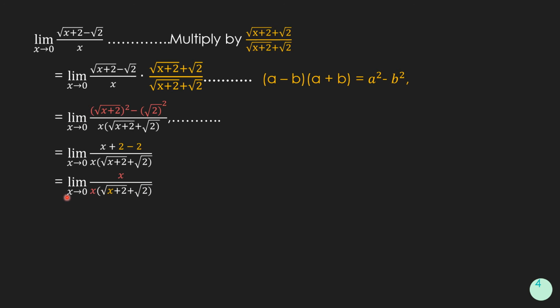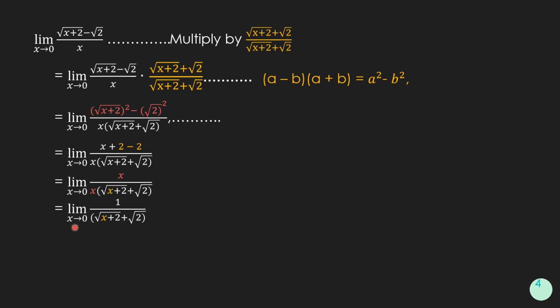Here x approaches 0, therefore x is not equal to 0. So this x gets cancelled from numerator and denominator and the limit becomes 1 over root x plus 2 plus root 2. Now we can evaluate the limit by direct substitution.